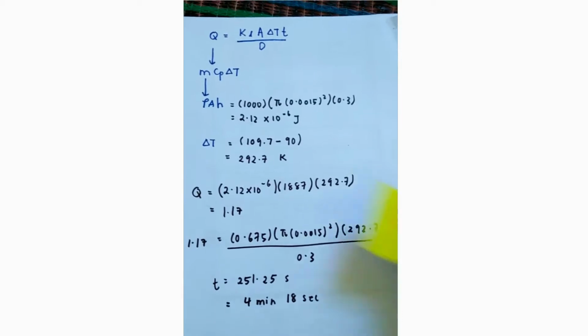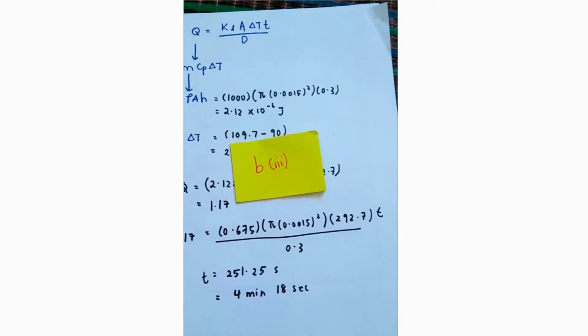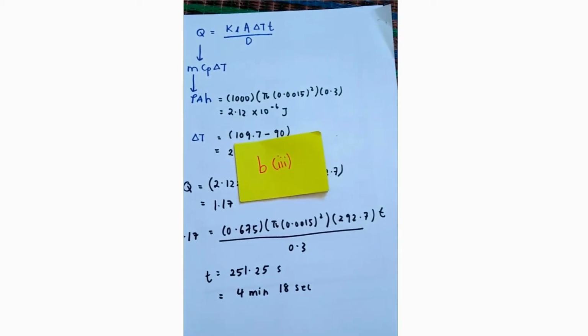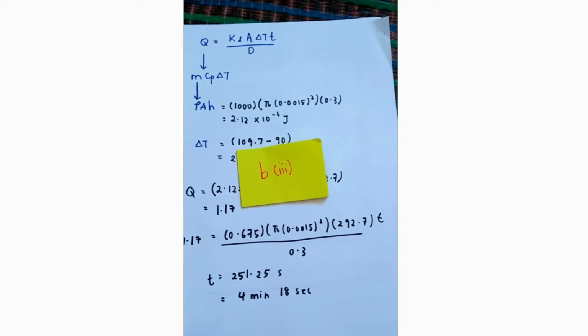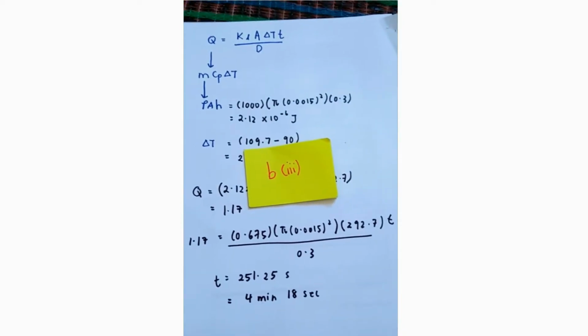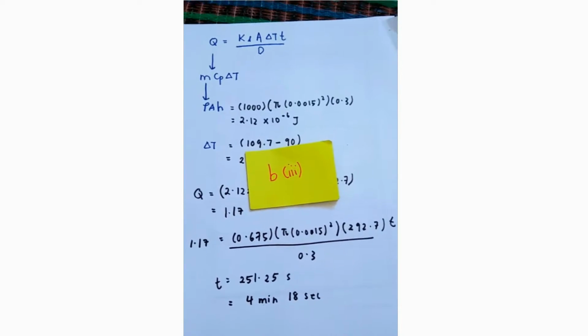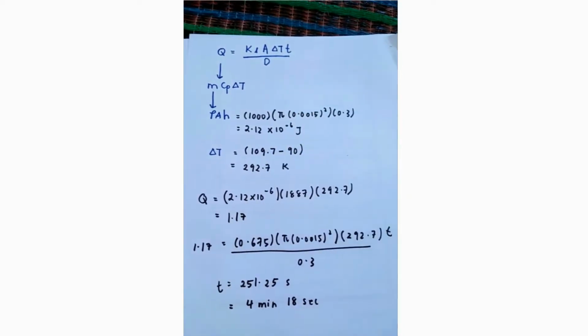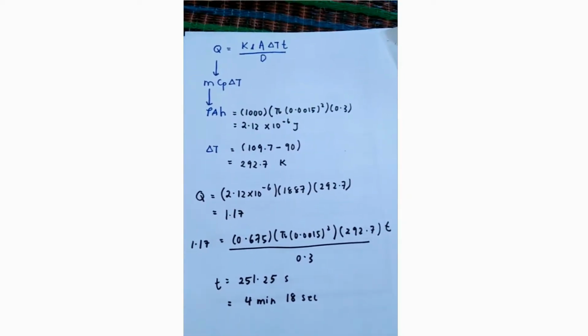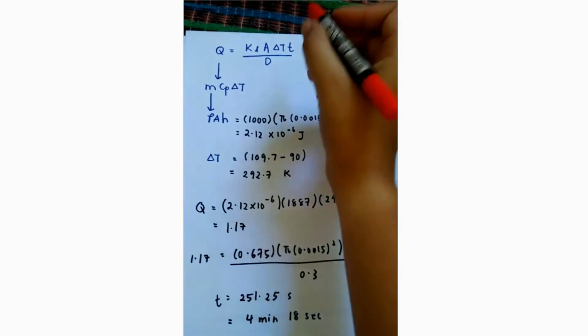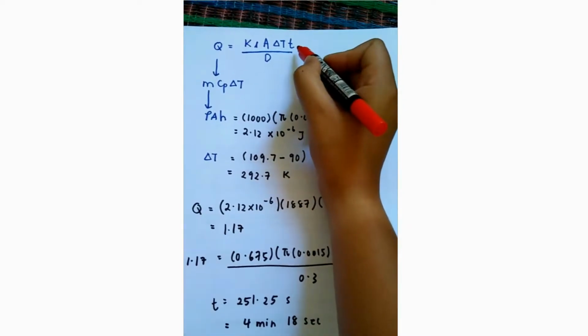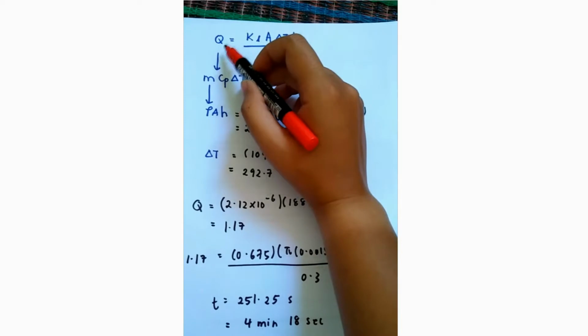For question B3, we have to find the time taken to raise the temperature of water from 14 degrees Celsius to boiling temperature. So, in order to get the time taken, we have to find the equation that relates the temperature, time taken and heat flux.